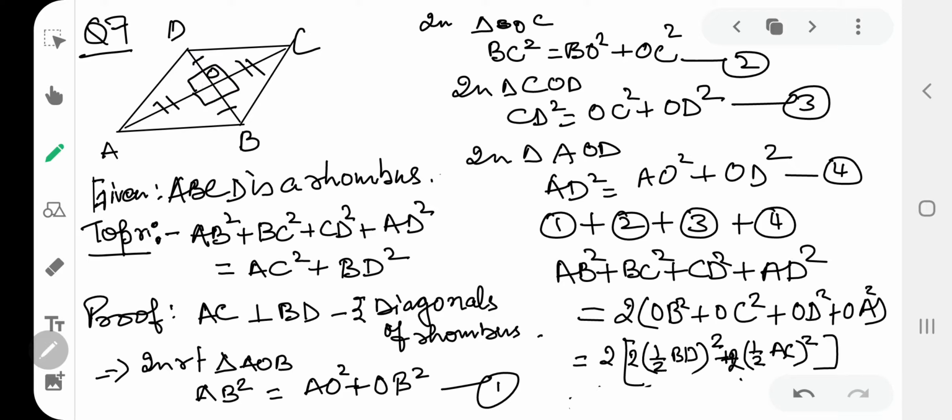Now children, see in this question, you have squares on left hand side, you have squares on right hand side. This is how you are able to recognize that in this question you have to apply Pythagoras theorem.